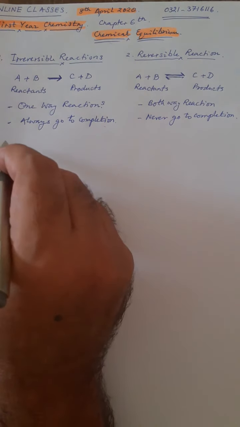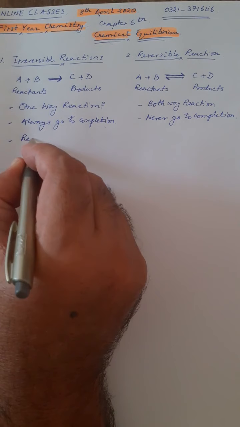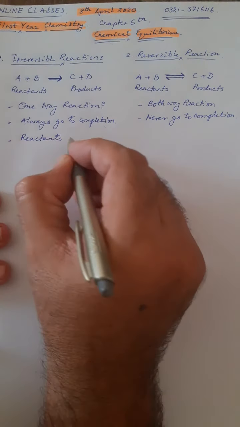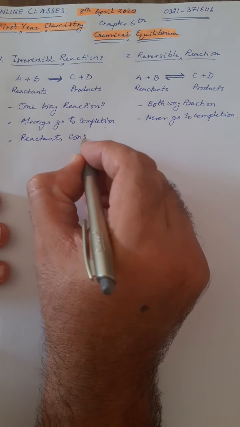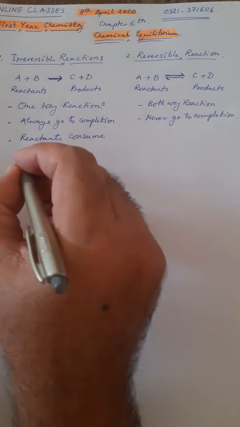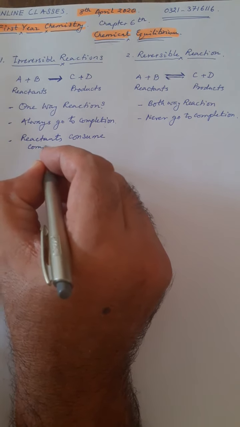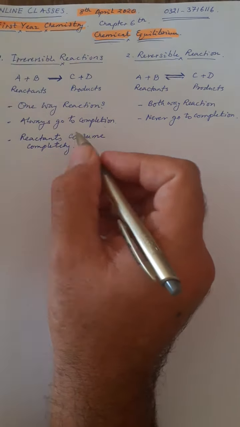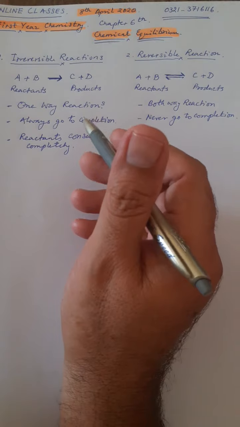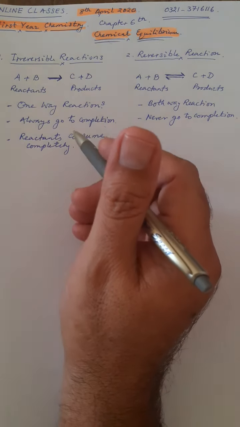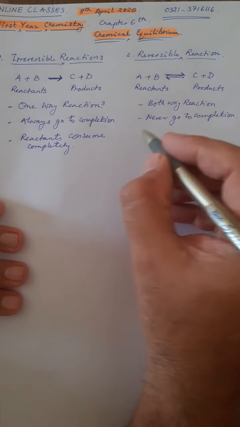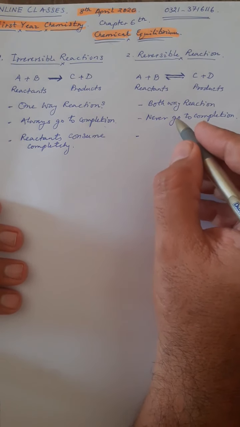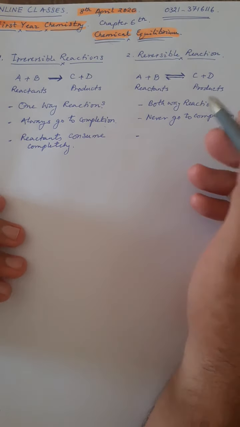Next thing is that the reactants completely react. Reactants consume completely. Now here I want to make a clarification. Both reactants or one reactant, when it completes, reactants go to the end. In this case, reactants are always present in the reaction vessels or beakers, just as the products.